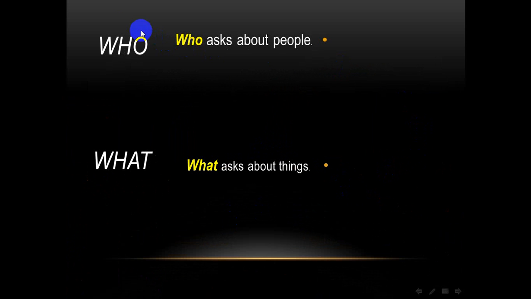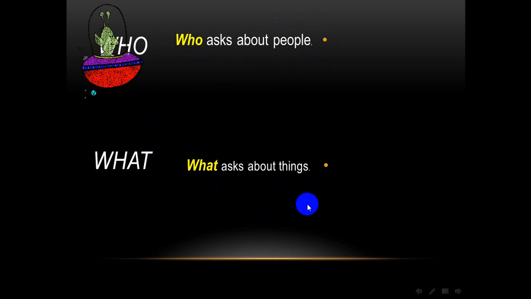Here we have some question words like who. Who asks about people. What asks about things. If you want to ask about things, you use what. But if you want to ask about people, you use who.